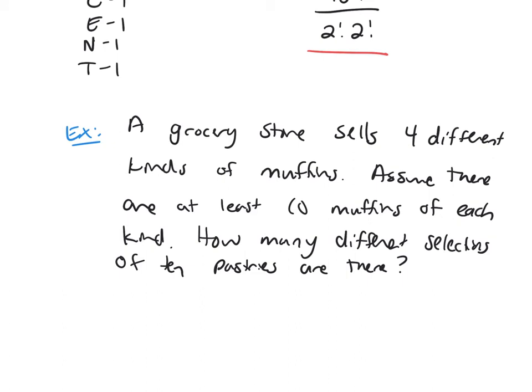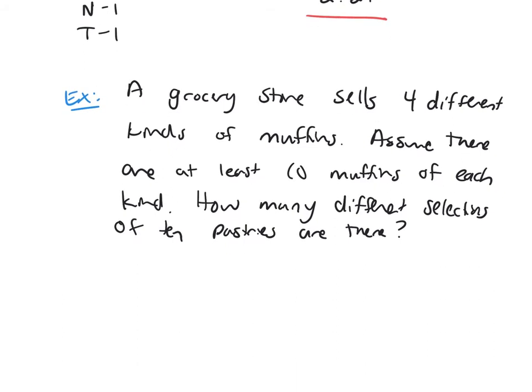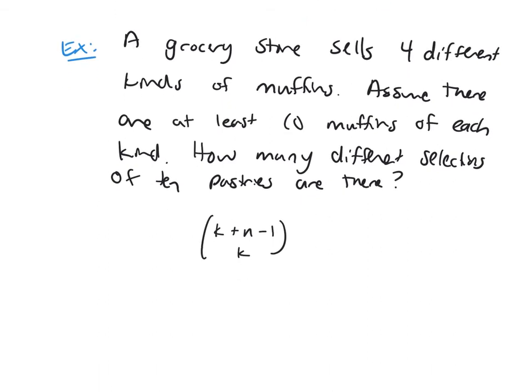So here, order doesn't matter in the choices that I make. It's the same collection of 10 muffins, and repetition is allowed. I can choose multiple of the same type of muffin. So in that table, the formula you should be looking at is k plus n minus 1, choose k. And so here, n is our number of types of muffins.